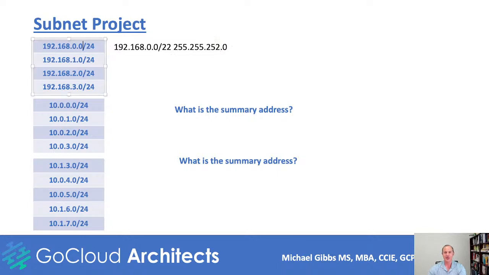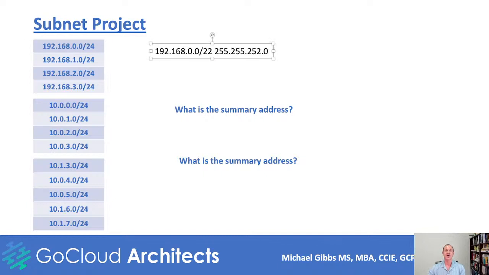This one thing now covers this. So with routing, I can send an address that's called a summary address or an aggregate address. And all the aggregate address is, it's a single address or a single route that encompasses multiple things. And we're going to dive deep into this later.